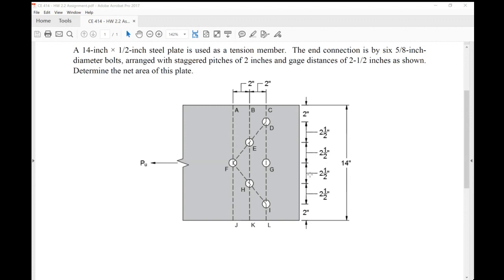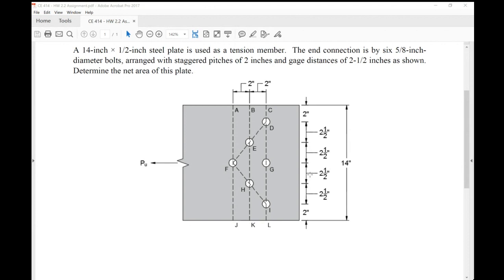I will tell you, there's quite a few of them. I think there's maybe 12 different paths, but a lot of them repeat because of symmetry. I might be getting my count wrong, so don't quote me on the numbers. But I want to see if you can identify all of the paths, and then determine the net area for this connection.